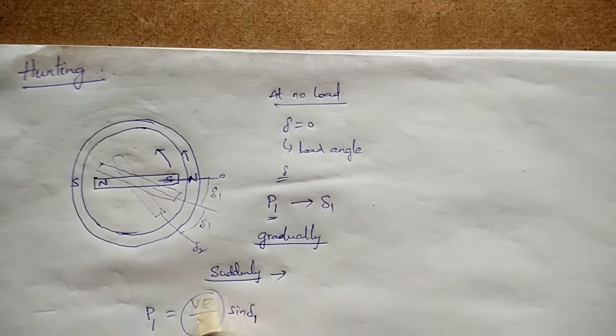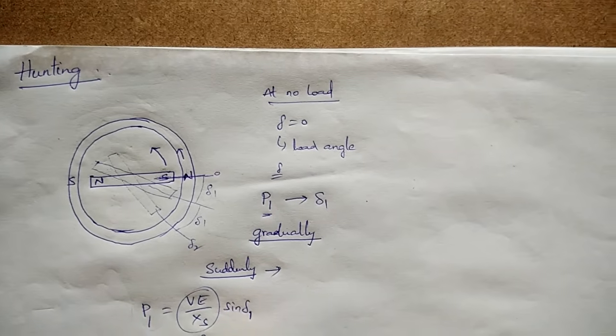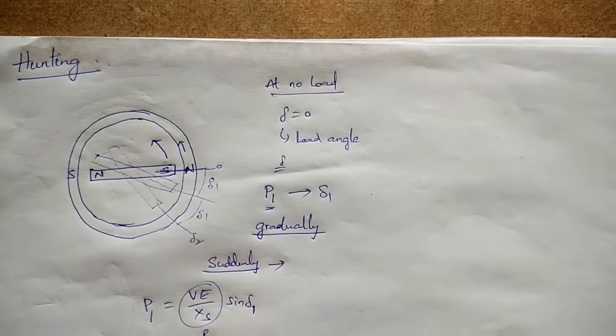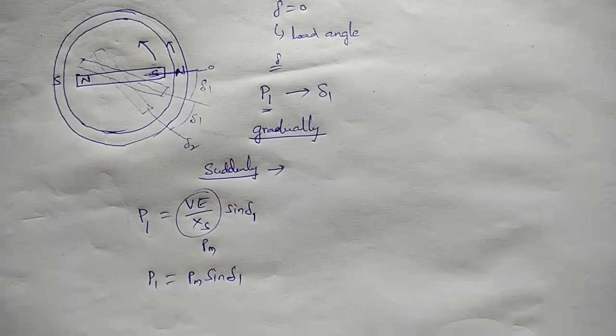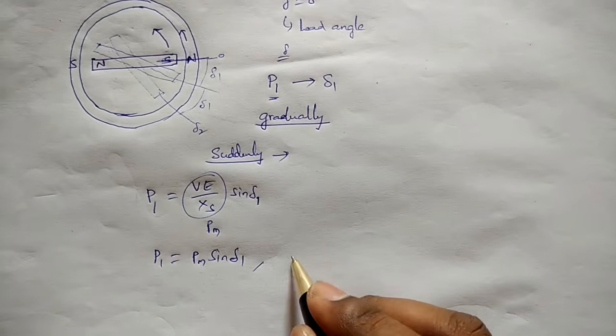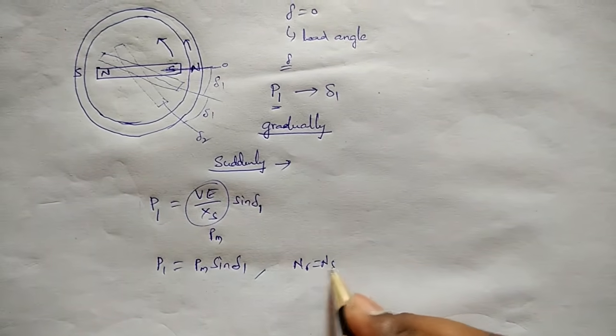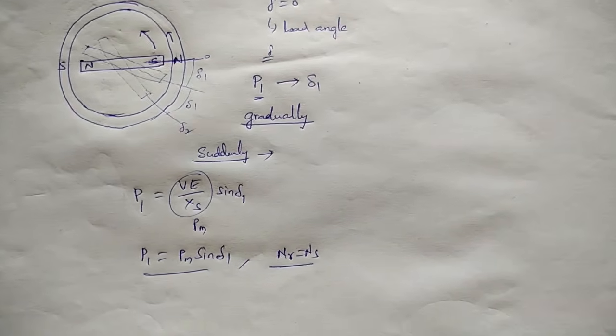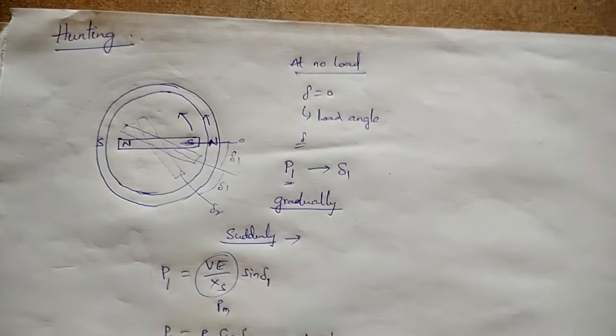Let this be Pm. So P1 is equal to Pm sine delta 1, this should be satisfied. And one more condition, Nr should be equal to Ns. These two conditions should be satisfied at equilibrium position. Now we will see.